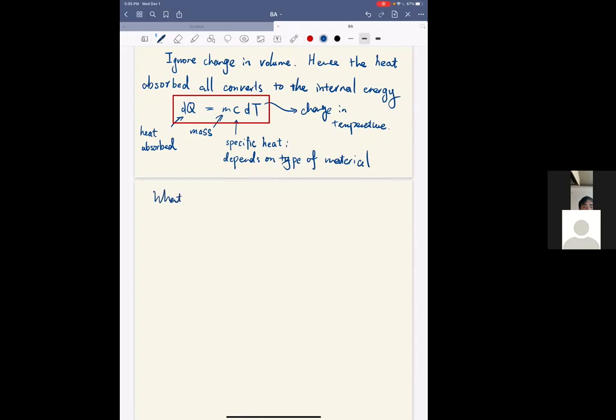So the question is, what if the type of material changes? For example, what happens when ice changes to water?